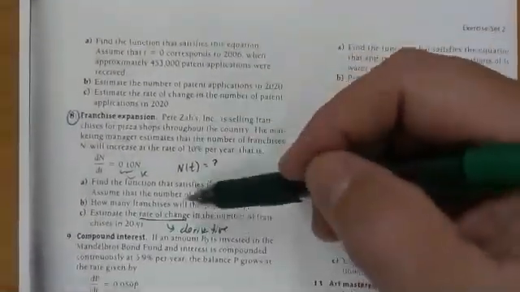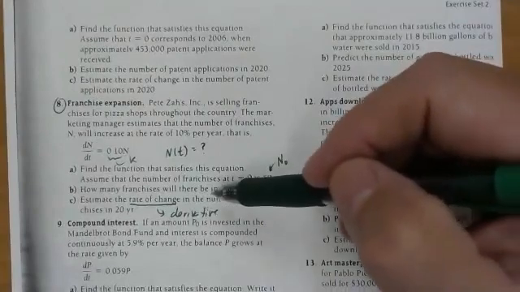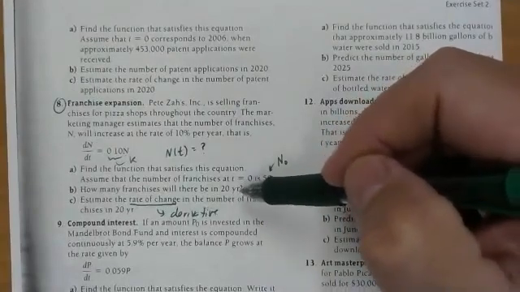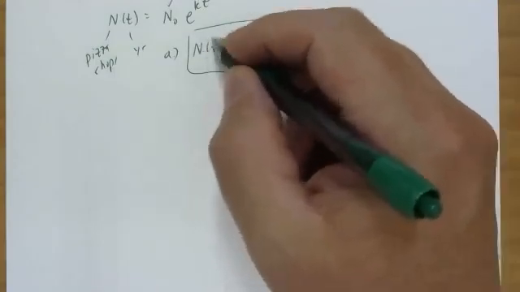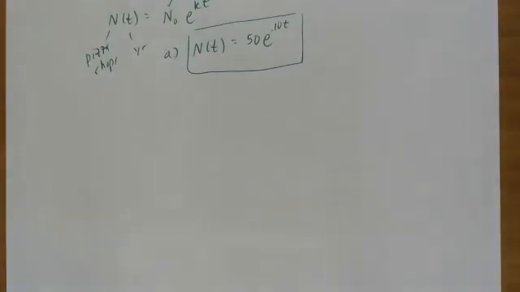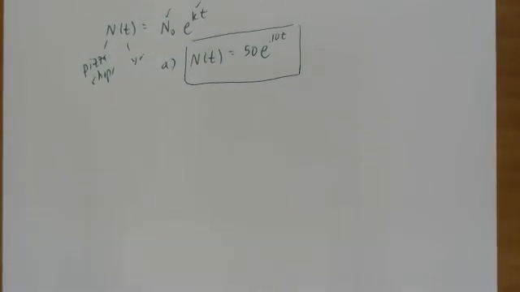Now, let's see what they ask next. How many franchises will there be in 20 years? All right, that's pretty straightforward because now what I have here is an equation that describes a number of pizza shops based upon what year it is.